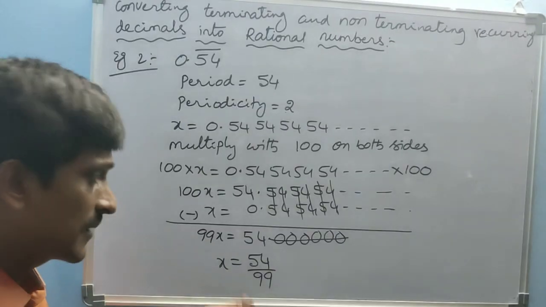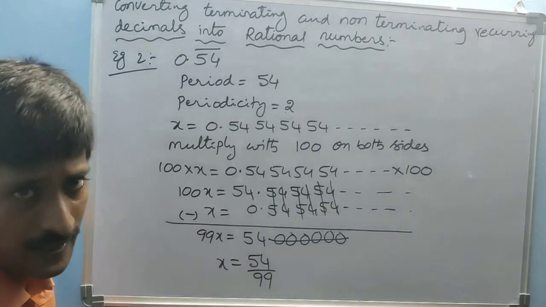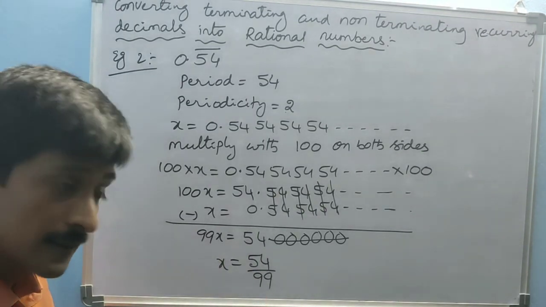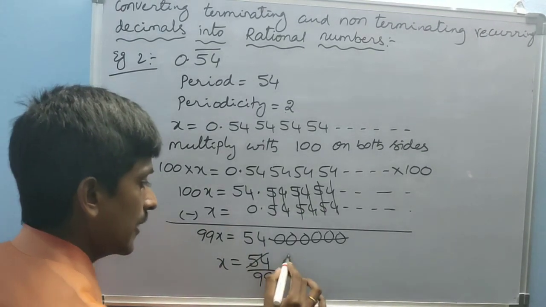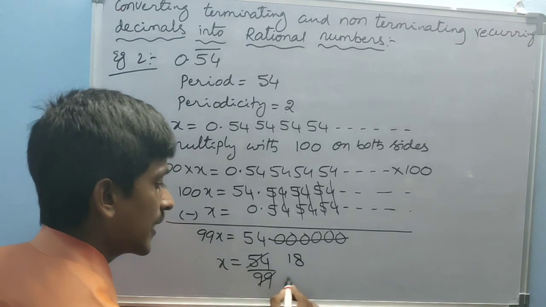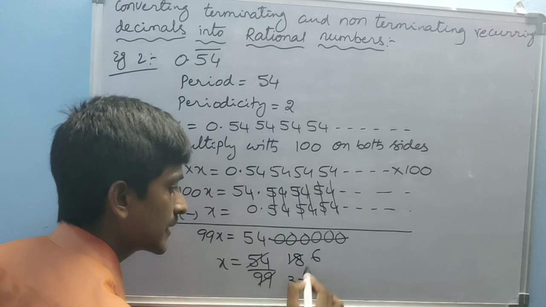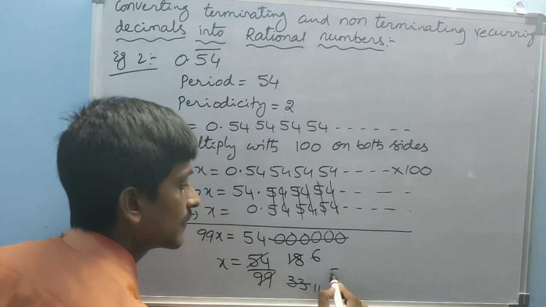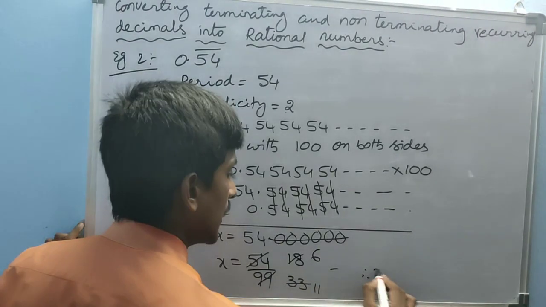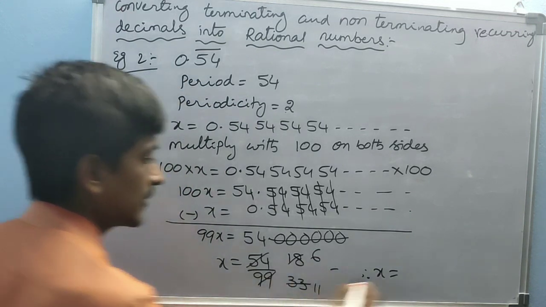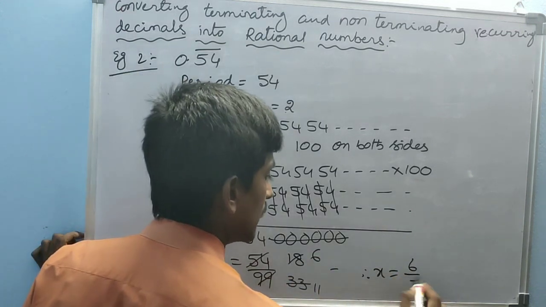Can both numbers be cancelled by any number? Yes, division by 3 table: 3 18 times, 3 33 times. Again, 3 6 times, 3 11 times. Therefore, x equals 6 by 11.